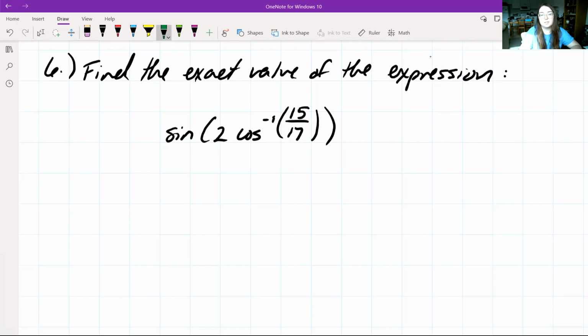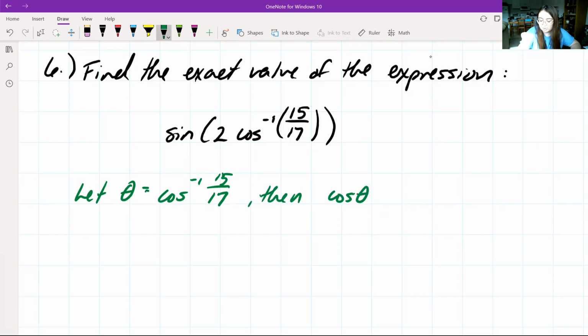And we know that for sine of 2 theta, we can use the double angle formula. So first things first, we're going to let theta be equal to cosine inverse of 15 over 17. That means then that cosine of theta is going to be equal to 15 over 17.